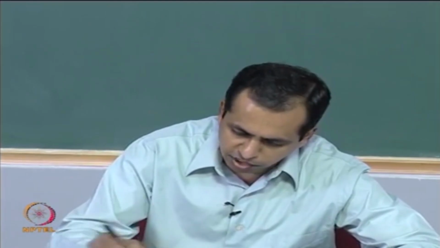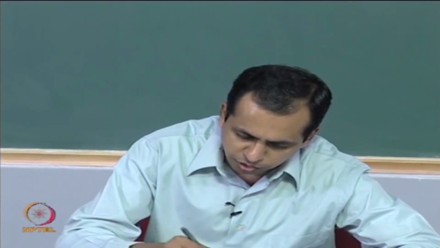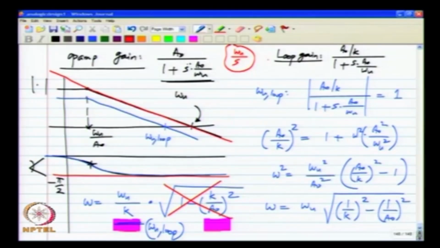And this is good news for us because all our stability criteria which specified something about the unity loop gain frequency are the same as before, and we can judge stability by looking at this type of function, omega u by ks, assuming that it is an ideal integrator even without worrying about the finite DC gain, because the finite DC gain affects only this part of it and the stability is determined by what is happening in this part where the loop gain is coming close to unity.